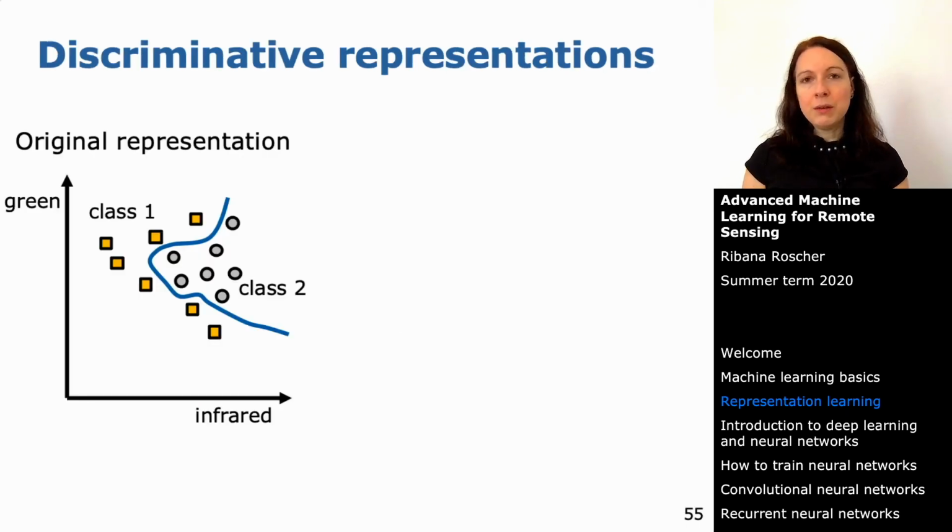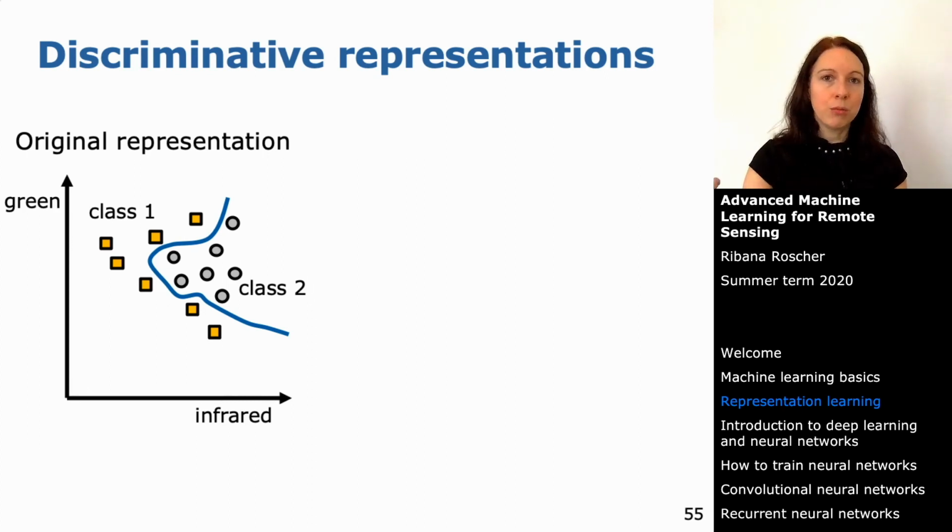So neural networks are especially good at giving you a discriminative representation, because you're tuning the data representation at the same time as you're learning a model for classification. This is a typical scenario in remote sensing. For example, you have a green and an infrared channel, and you want to distinguish between these 2 classes.